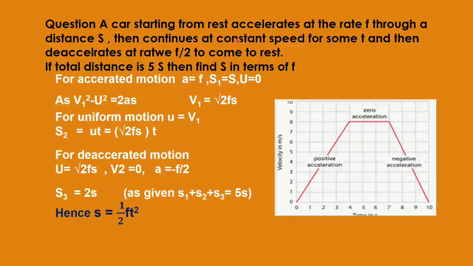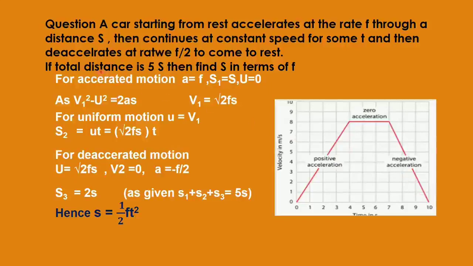Then it continues at constant speed for some time t, constant speed meaning acceleration is 0. Then it decelerates at the rate f by 2. It means negative acceleration is there, that is f by 2.